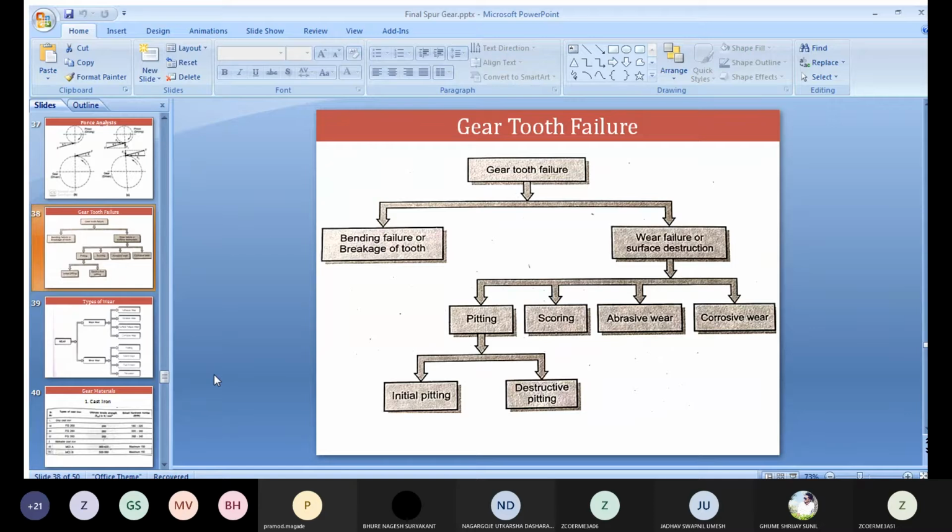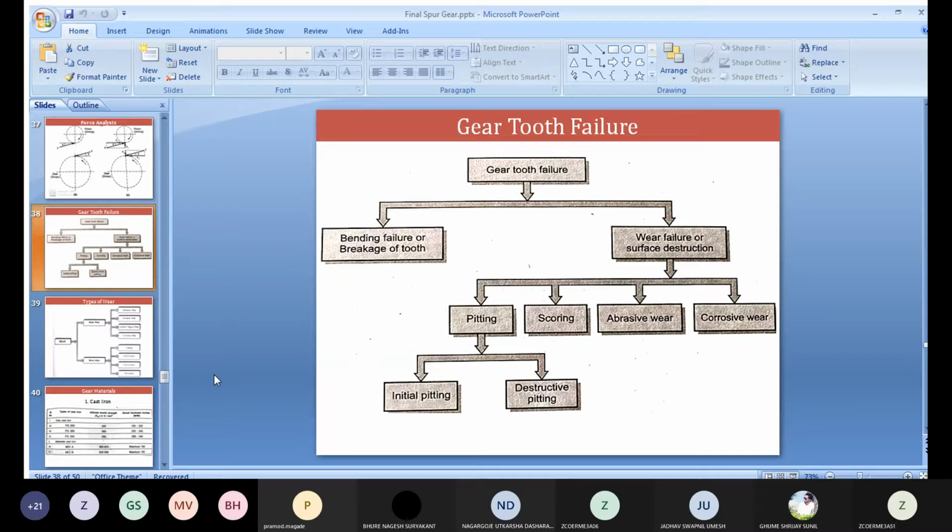Now see how the error will come. When the tooth profile is there and a crack is formed, due to that crack some distance is increased. And as we know, the gear can be manufactured by the hobbing process or honing process or shaping process.